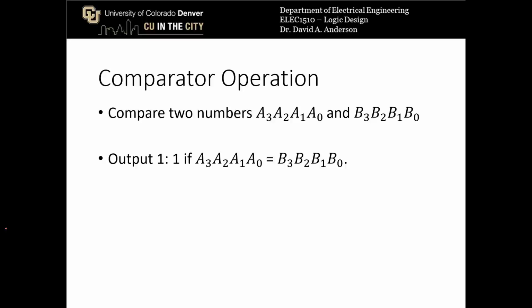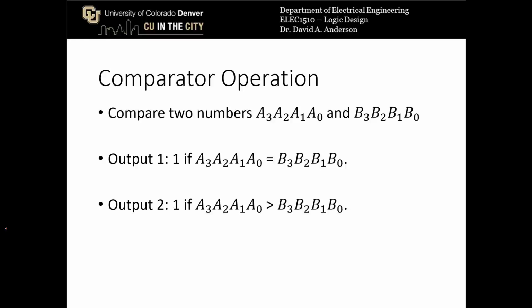The comparator that we're going to talk about in this video is going to have 3 outputs. The first output is going to be a 1 if the number A3, A2, A1, A0, which I'll just call A from now on, is equal to the number B, which consists of B3, B2, B1, B0.